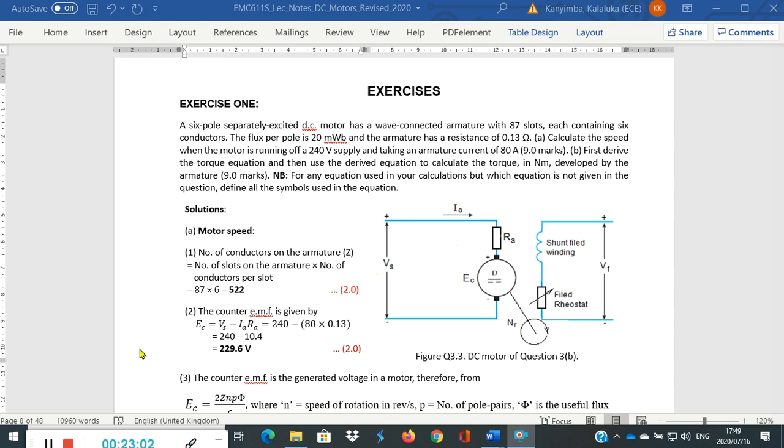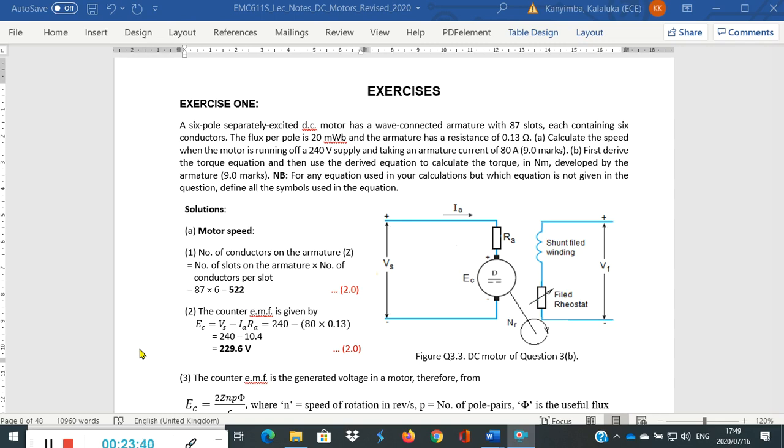The flux per pole is 20 milliwebers, and the armature has a resistance of 0.13 ohm. A. Calculate the speed when the motor is running off a 200-volt supply and taking an armature current of 80 amperes. And then B. First, derive the torque equation and then use the derived equation to calculate the torque in Newton meters developed by the armature.